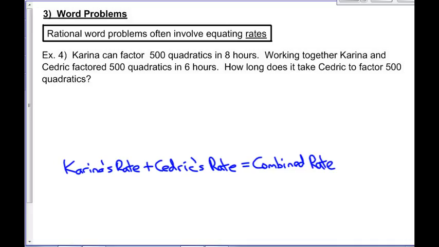Okay, now can we find an expression for that? Well, the question is, how long does it take Cedric to factor 500 quadratics? So let's make that x. Let x equal the number of hours for Cedric to factor 500 quadratics.